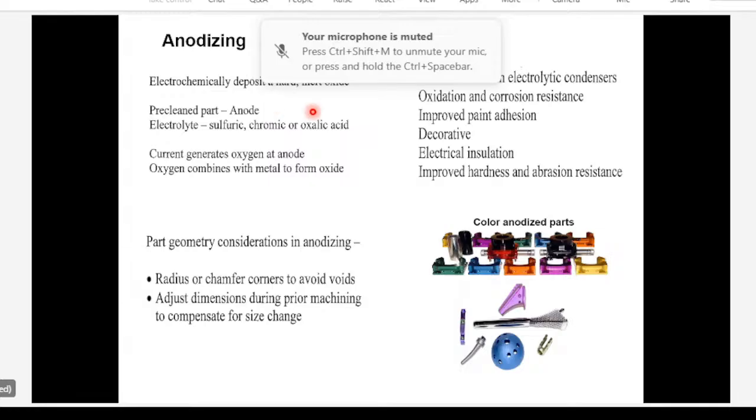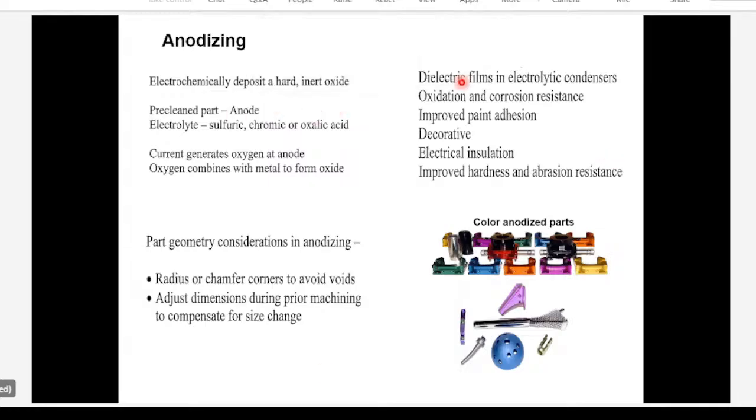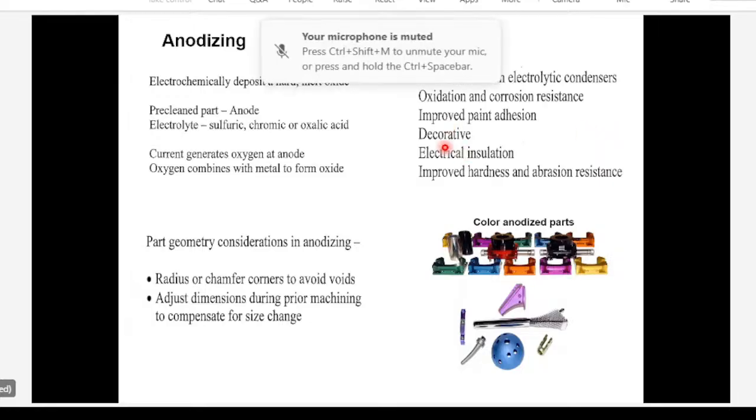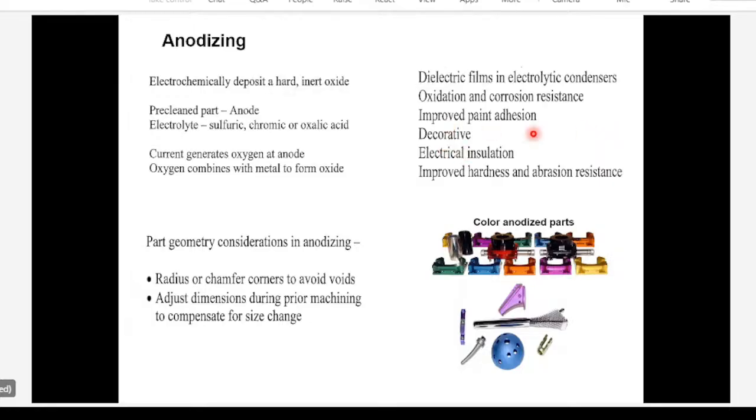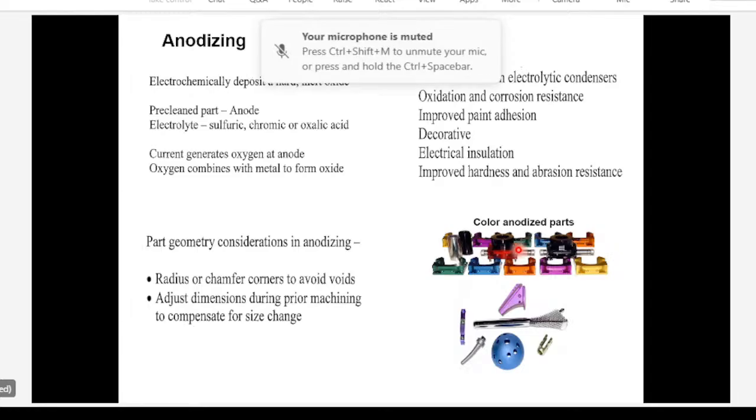Electrochemically depositing hard inert oxides on any metal, that's anodizing. Uses include dielectric films on electrolytic condensers and oxidation and corrosion resistant films. Anodizing also improves adhesion of liquid paints on the surface. An anodized surface can be decorative because you can impregnate the pores of the coating with colored dye and then seal the pores to have very nice colors on the surface.